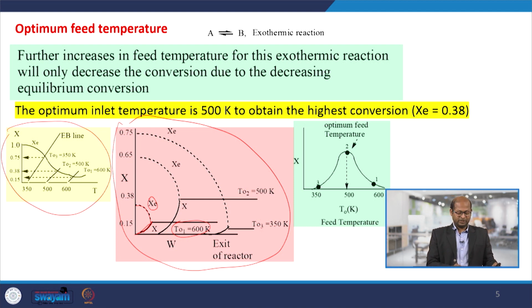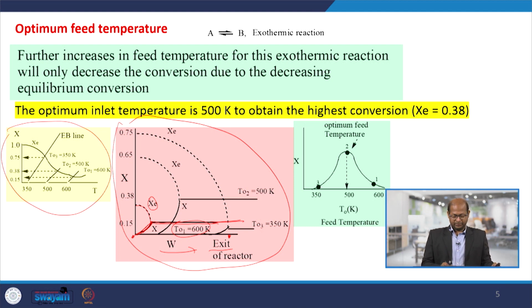Therefore, it readily reaches the equilibrium conversion. The reaction reaches the maximum conversion along the weight of the catalyst, or length of the catalyst bed. This is the exit point of the reactor, and this is the starting point. So the reaction started very rapidly to this conversion, and throughout the reactor it comes out of the reactor system at that conversion.